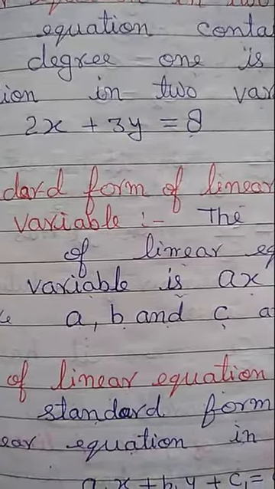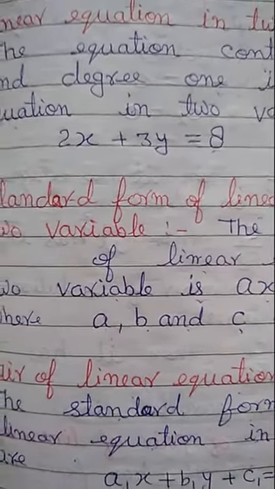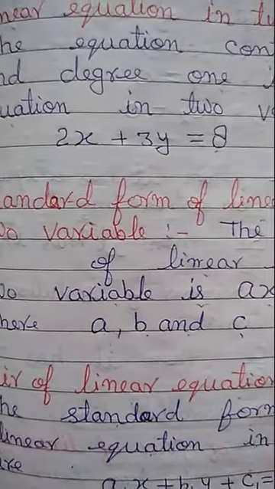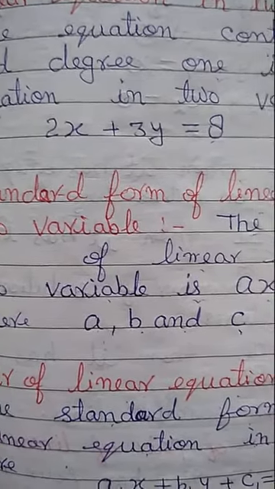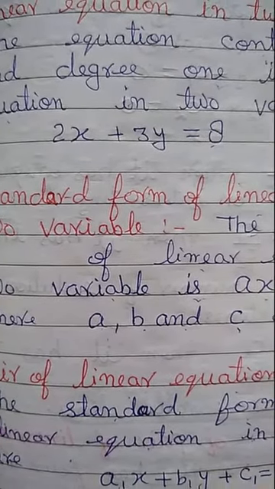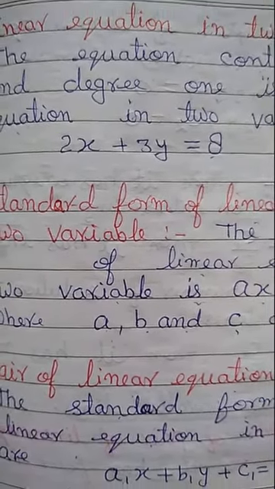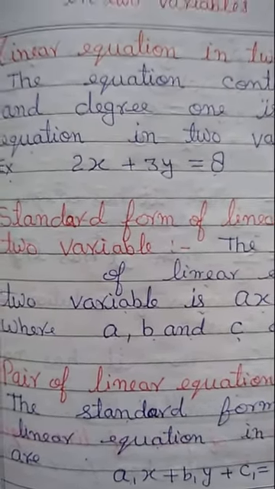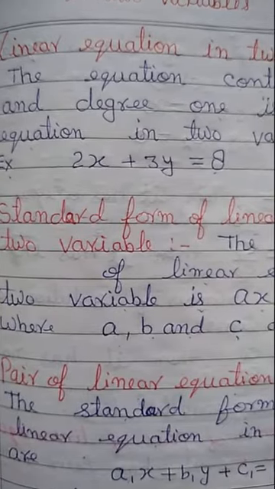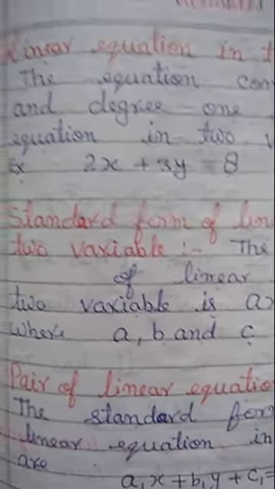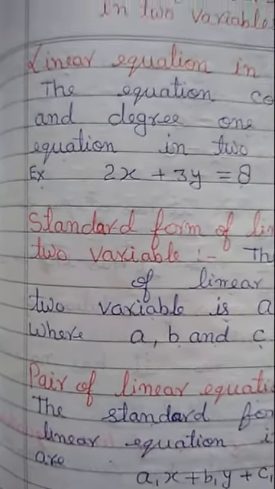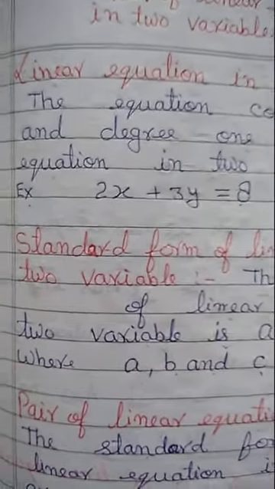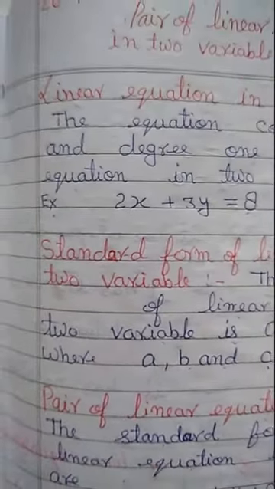It means that if an equation has degree 1, then it is called a linear equation, and if it contains two variables x and y, then it is called a linear equation in two variables.